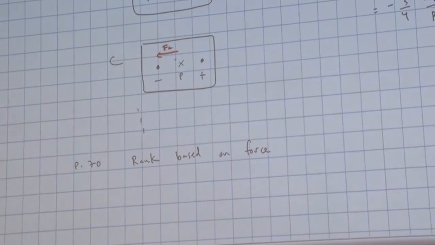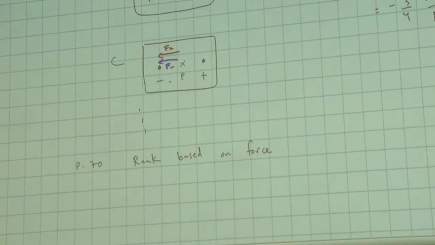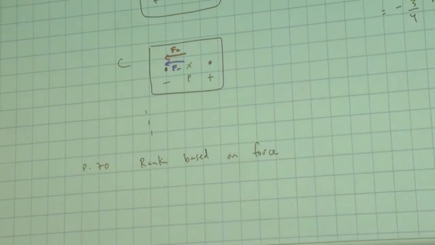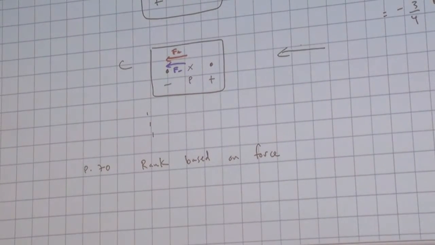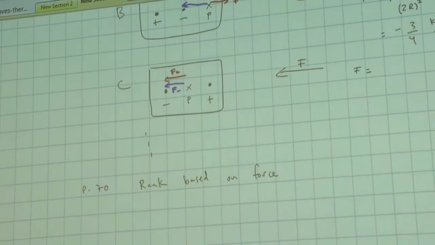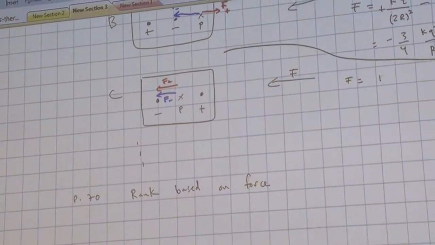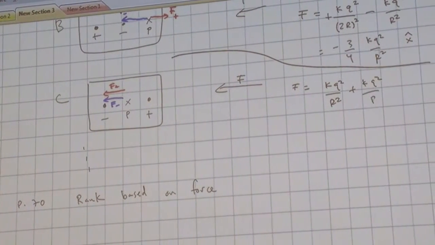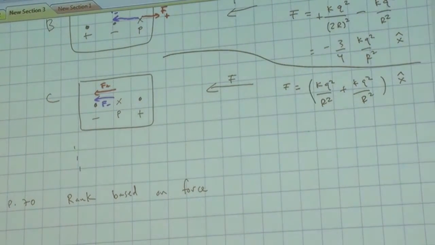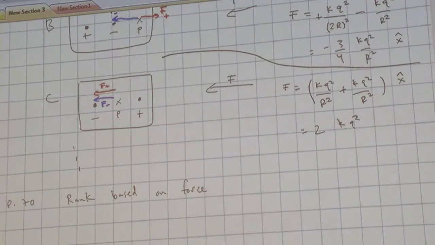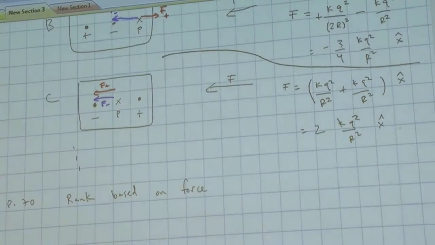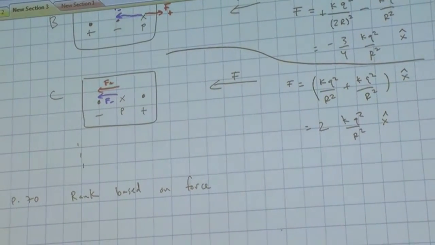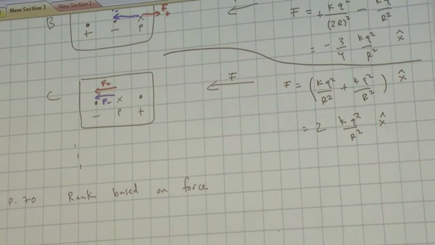There's also a force acting on it from the negative, because those two attract each other. So you add them together. So it's twice the force from a single charge.